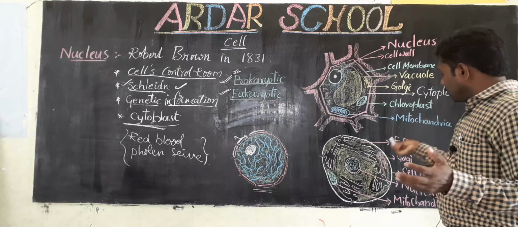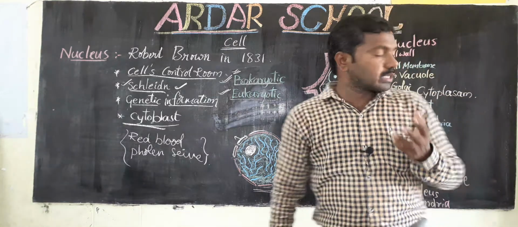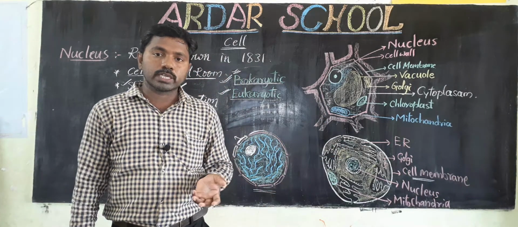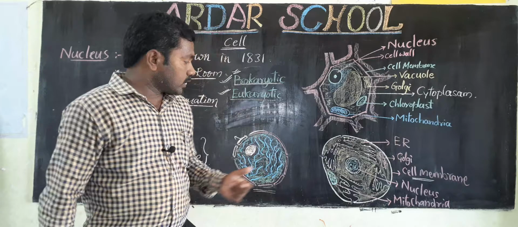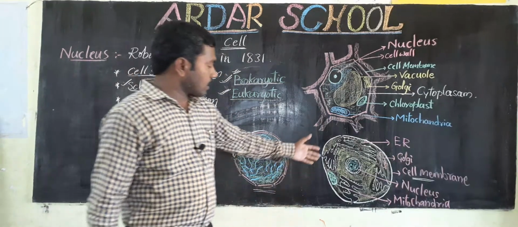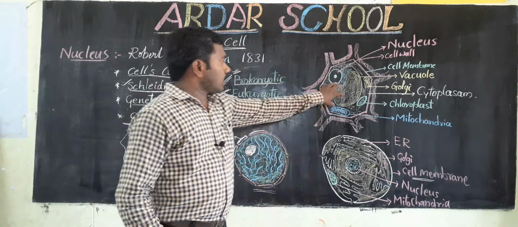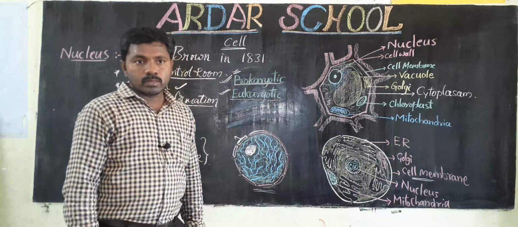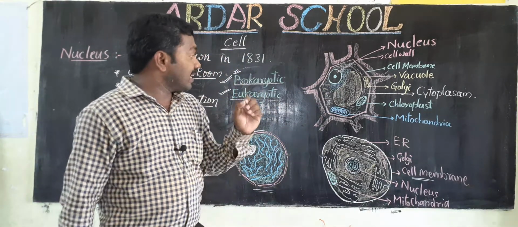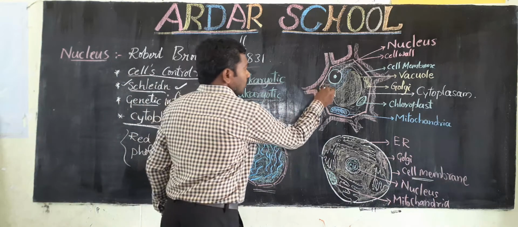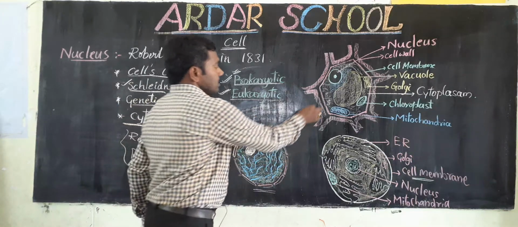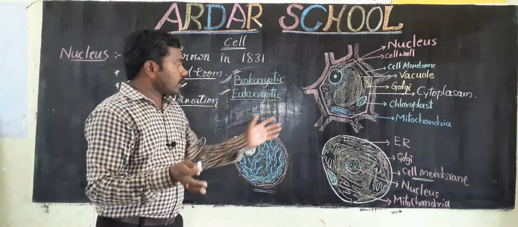In the animal cell also there are many organelles, like endoplasmic reticulum, Golgi bodies, mitochondria and ribosomes. Those are all in the cytoplasm. Every cell organelle has a definite layer. The cytoplasm is separated by the cell membrane from the outer environment.